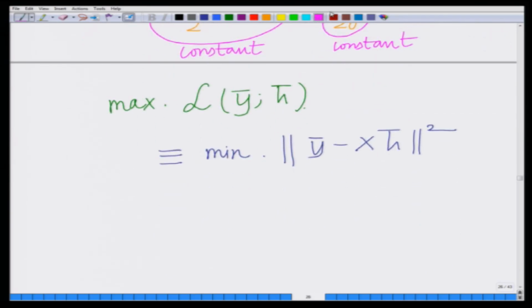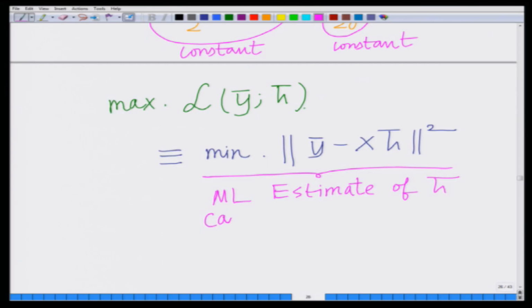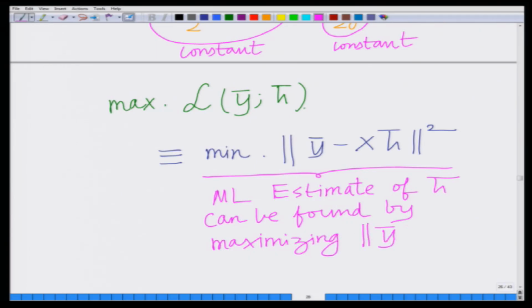That is, the ML estimate of h bar can be found by minimizing norm y bar minus x h bar square.